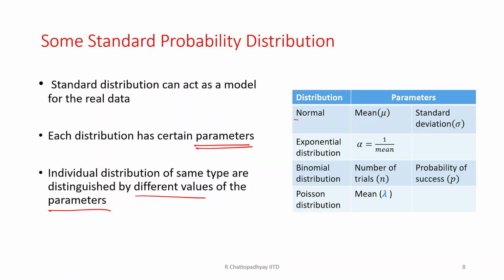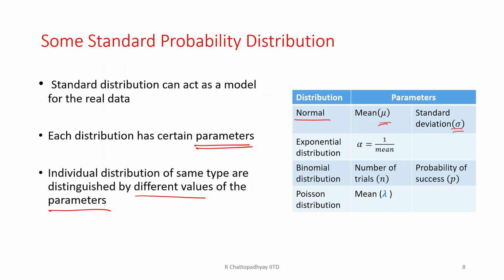If the distribution is normal, the parameters are mean, mu, and standard deviation, sigma. These two are the defining parameters of normal distributions. So there could be a large number of normal distributions. They will differ from each other when their mu value changes or their sigma value changes.